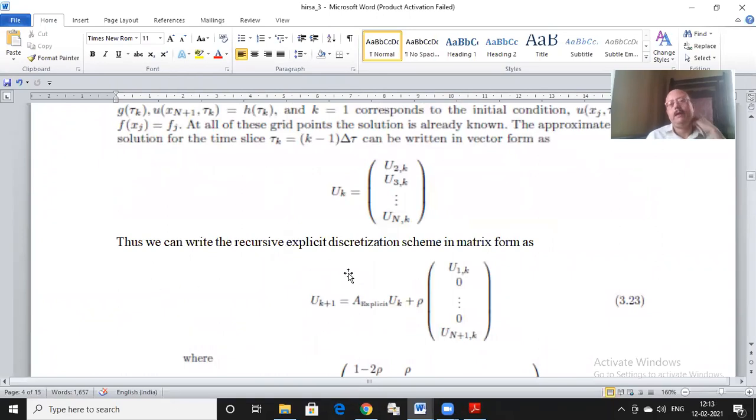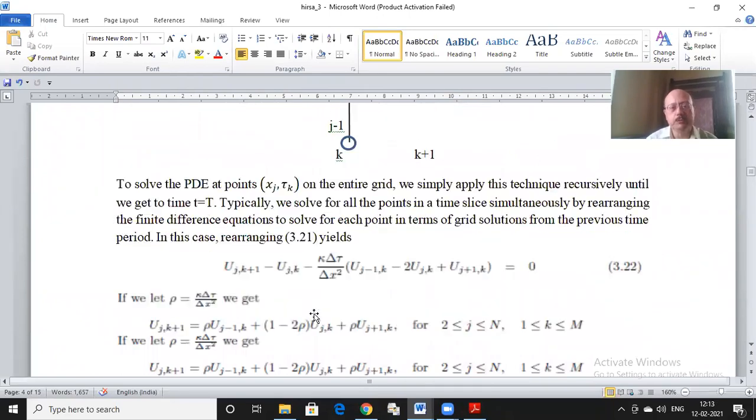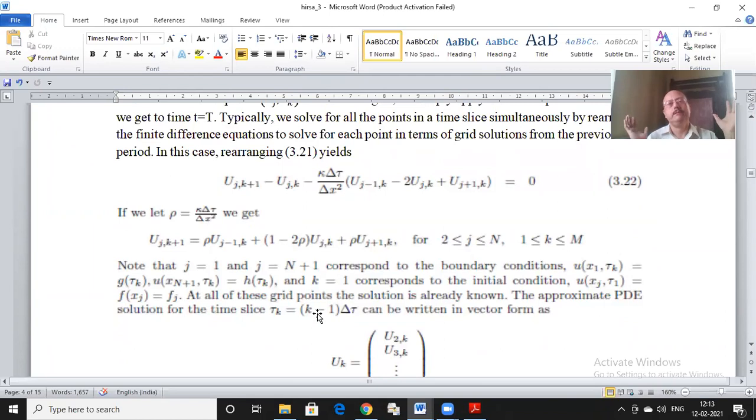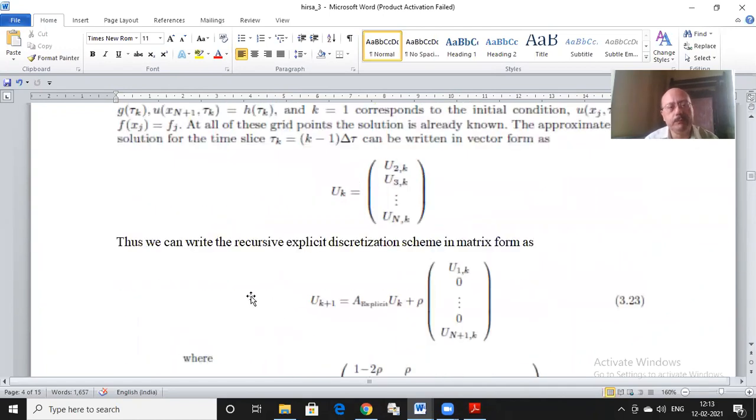Then I write 322 together. All the equations of 322, all the equations mean for all the j values on a time slice, I write all of them together as a matrix equation in this one.